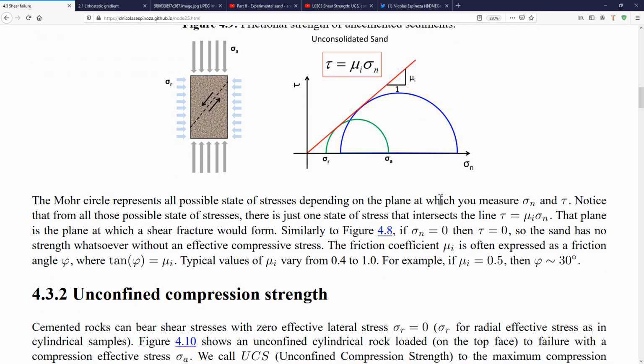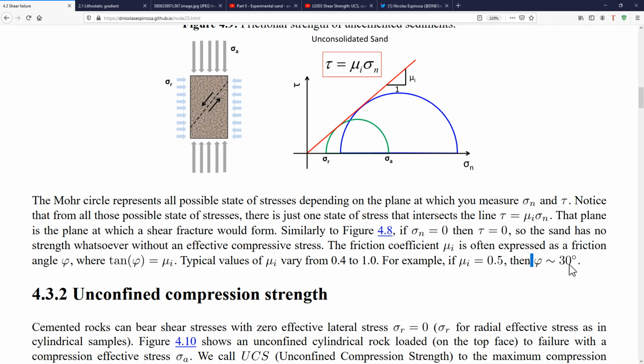Typical friction angles range from 30 to 40, 45 degrees, and typical friction coefficients, which are the tangent of this angle, vary from 0.4 to 1. Again, that depends on the properties of the surfaces which are in contact with each other.